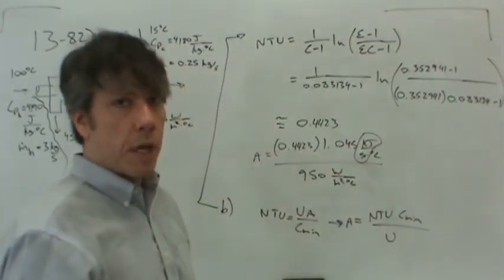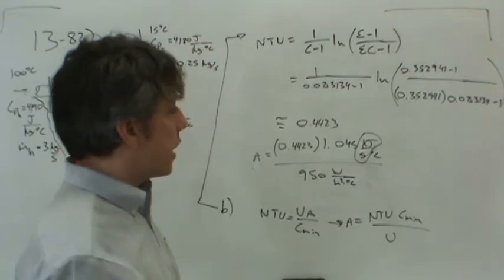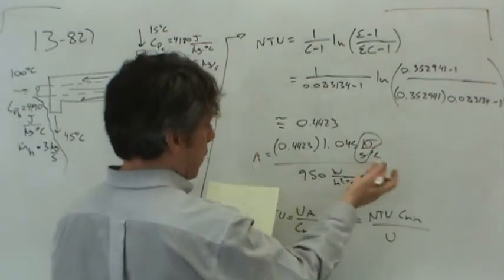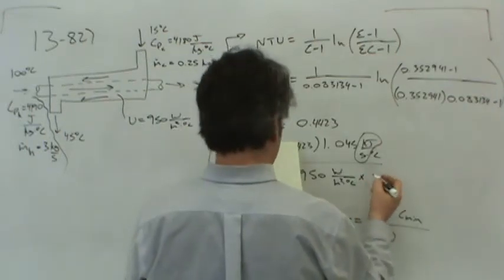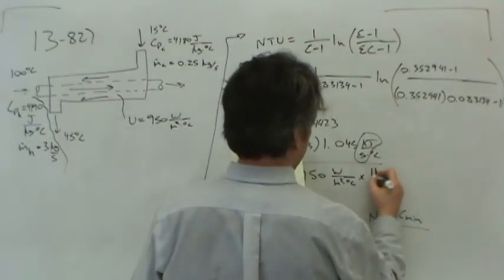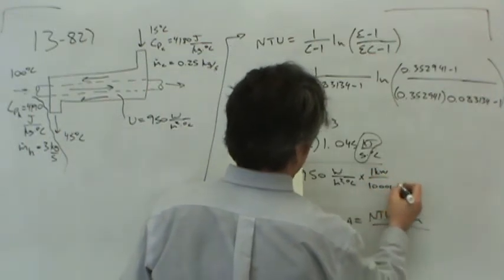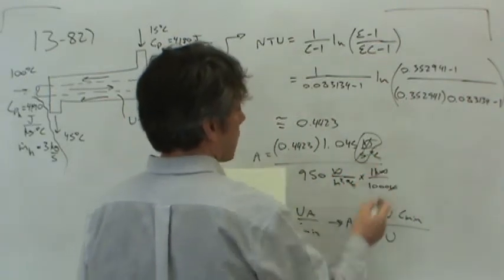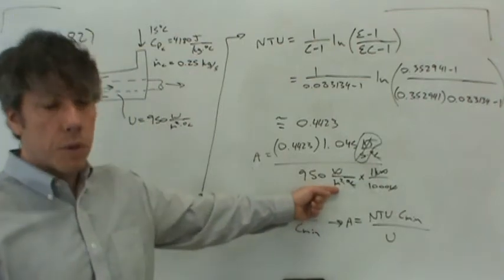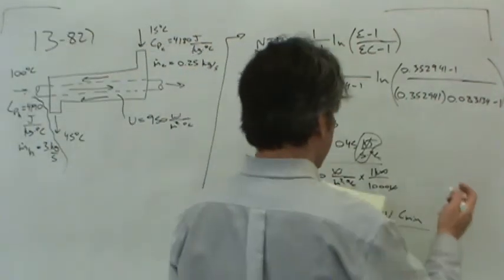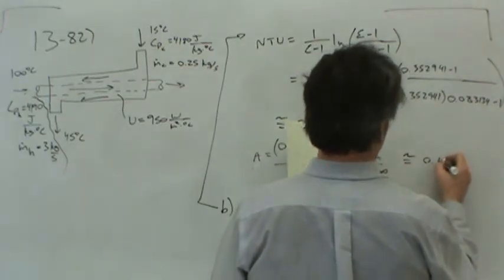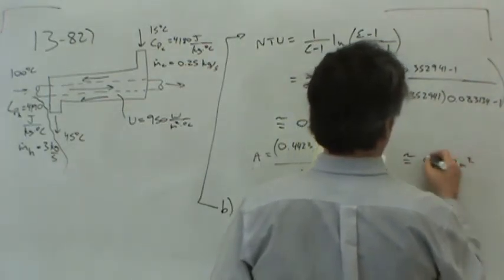A kilojoule per second is in fact a kilowatt. So we need to either convert that to watts or convert the watts to kilowatts. I just converted the watts to kilowatts. A kilowatt is 1,000 watts, so the watts go away, the kilowatts go away, the degrees Celsius go away. You see that we'll end up with square meters for the area. The area comes out to about a half square meter of area.